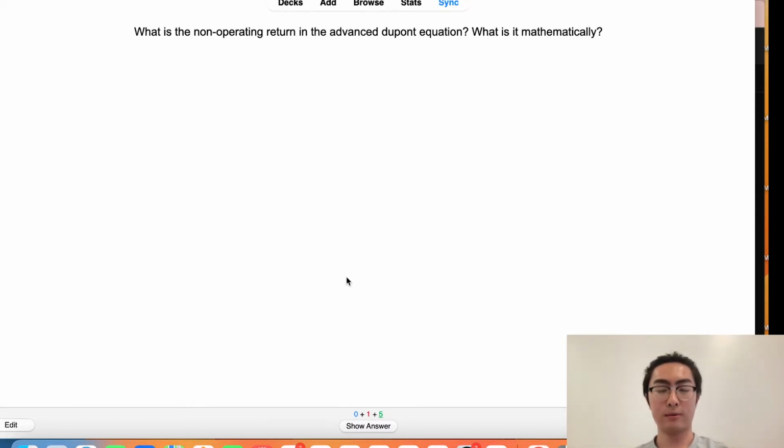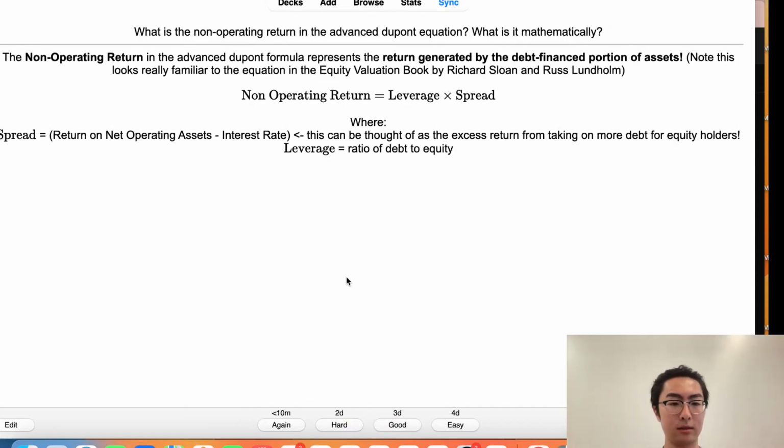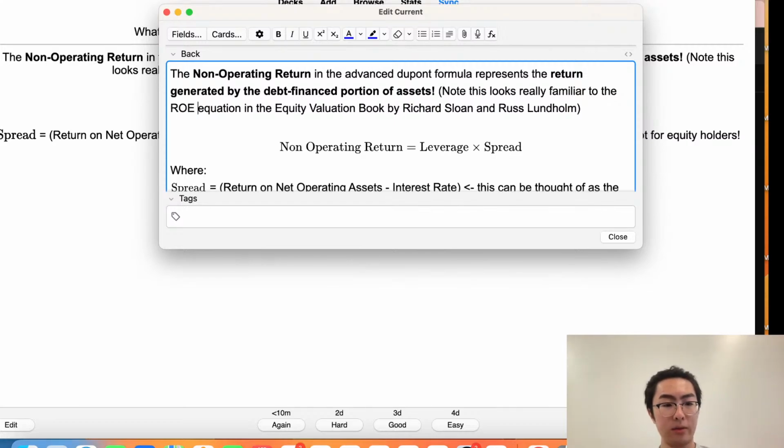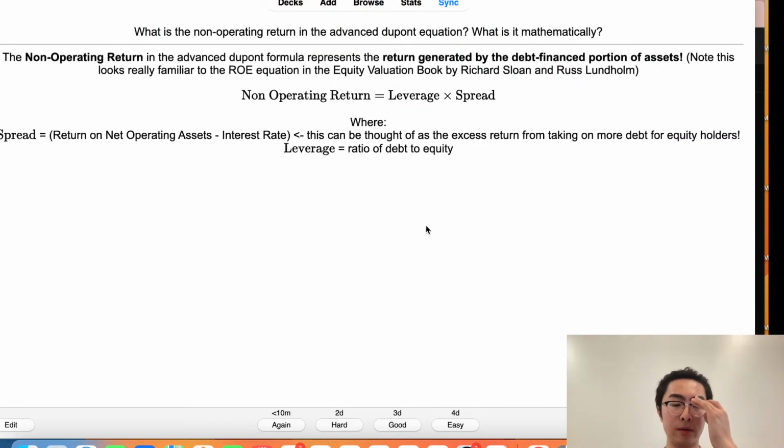Mathematically, it's your leverage multiplied by the spread, where your spread is your return on net operating assets minus the cost of debt, or the interest rate for taking on debt. This is really familiar to the ROE equation in the equity valuation book.